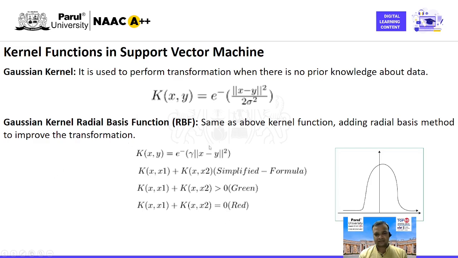Just observe this equation. Don't memorize this equation, but just know what the standard kernel, the Gaussian kernel, and the RBF are, because we will perform these in the practical with different kernels. That's why I am presenting here.